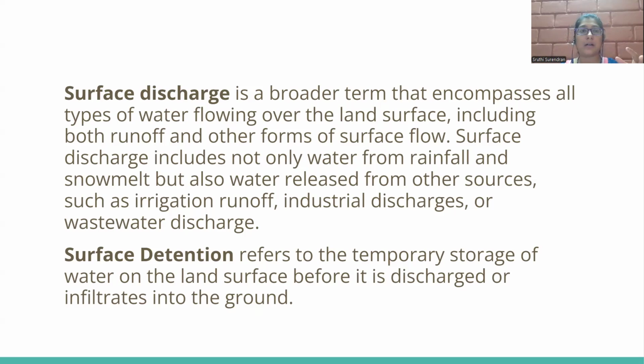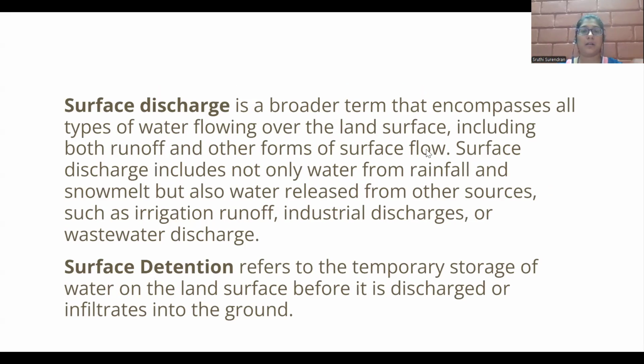All of these are some kind of water movement occurring on the surface of the earth. So all of those kinds of discharge, not just surface runoff, also come under surface discharge. So that is how surface runoff and surface discharge are different.